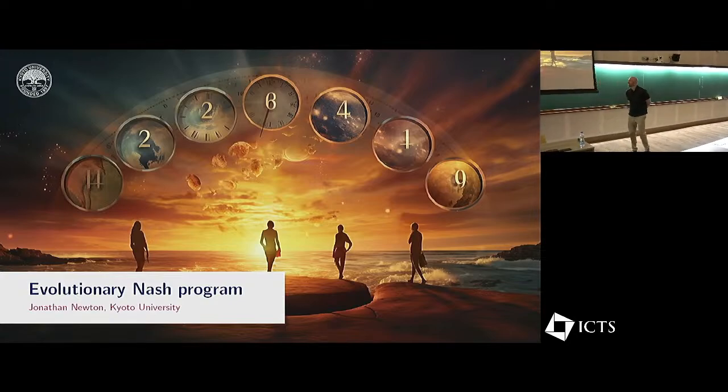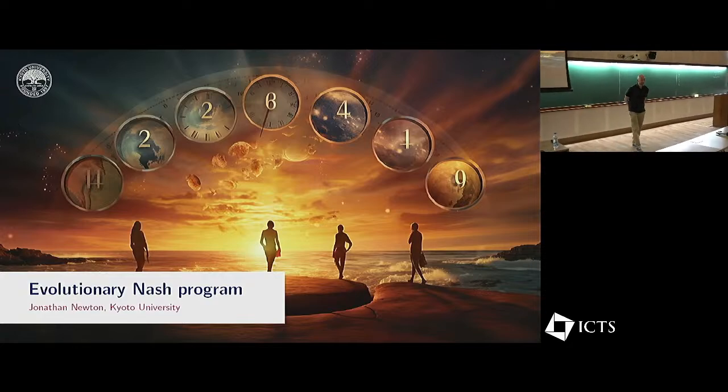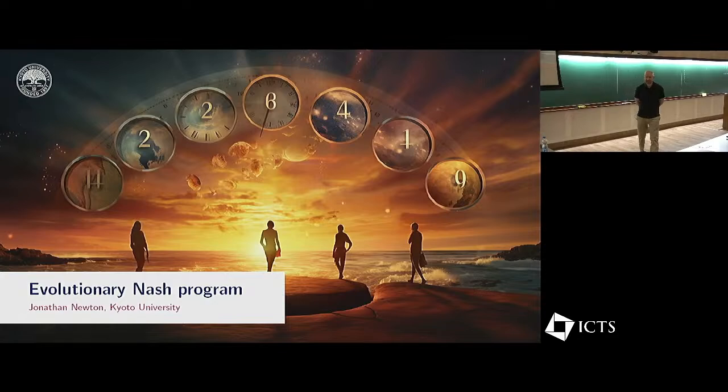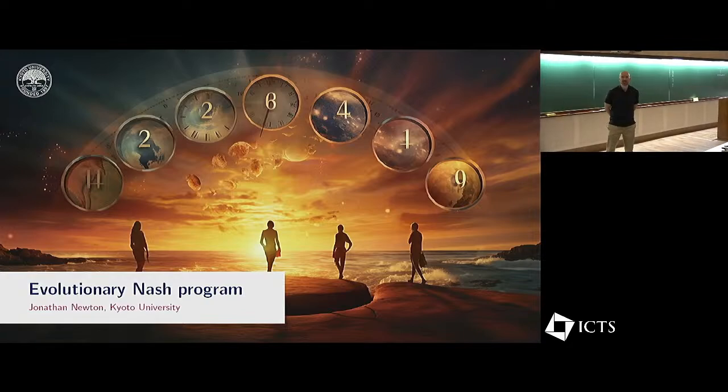So today I'll talk about something a bit more esoteric, and essentially it's going to be a brief introduction to an area, very brief, and then I'm going to have three examples in order.